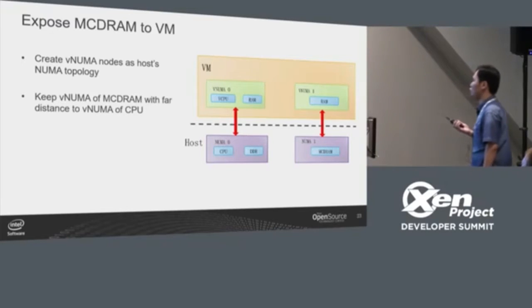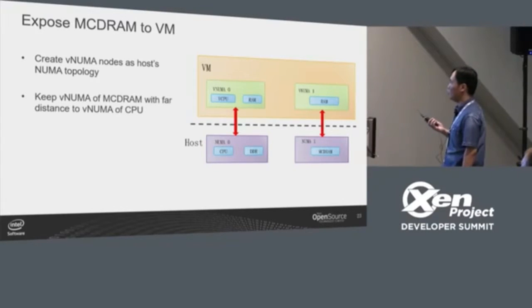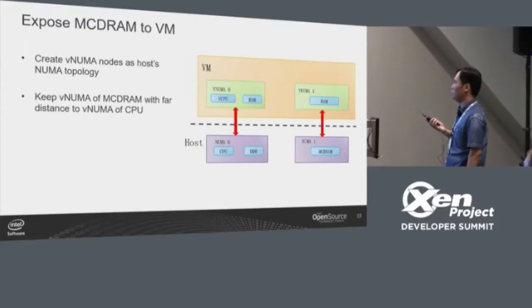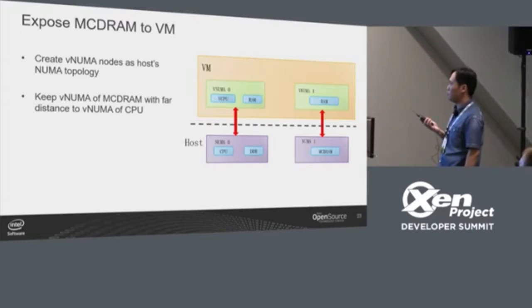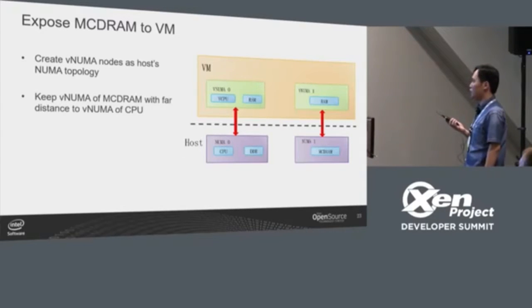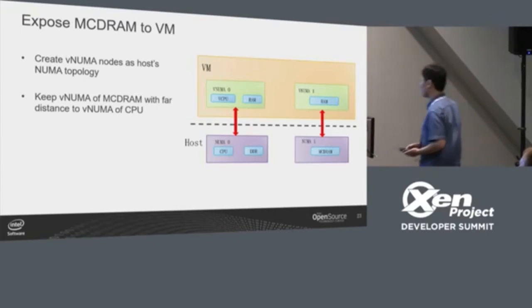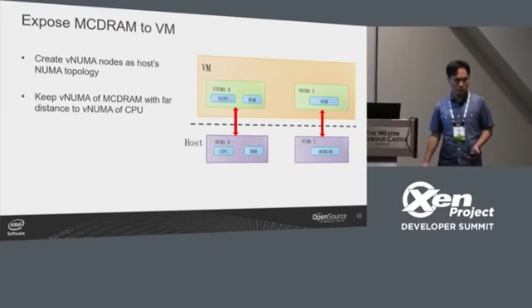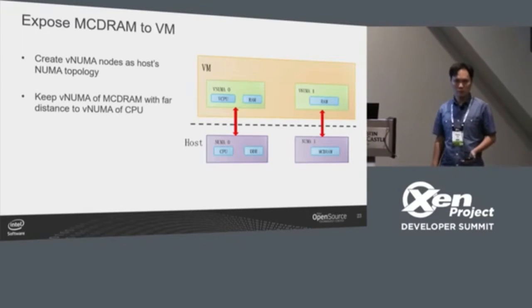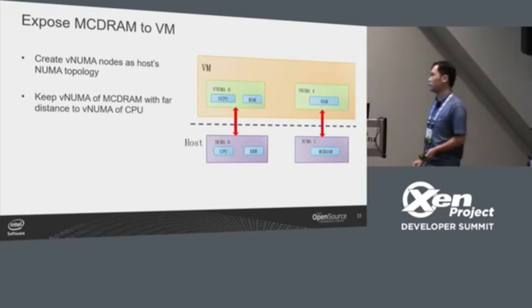We need to keep the NUMA node of the MCDRAM at a far distance from the virtual NUMA node of the CPU. And then the HPC software can find the MCDRAM and use it in the VM. This is just mimicking what the native is doing.